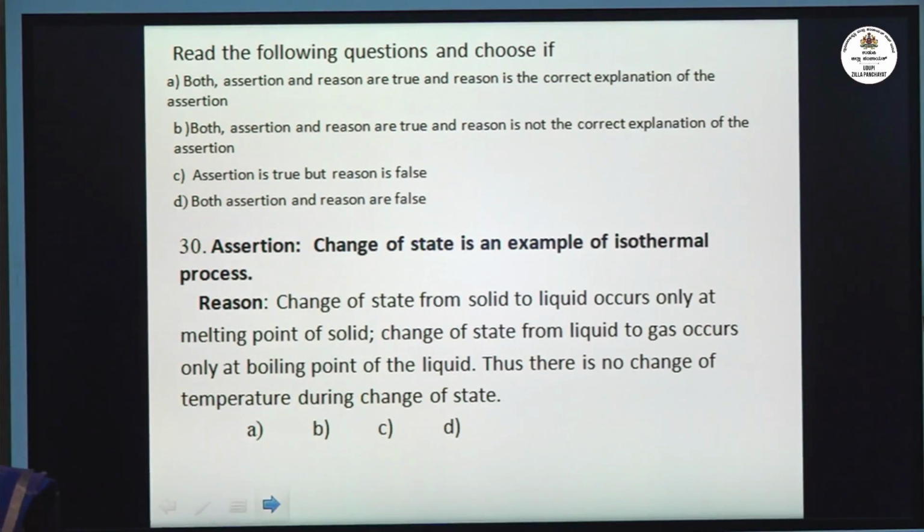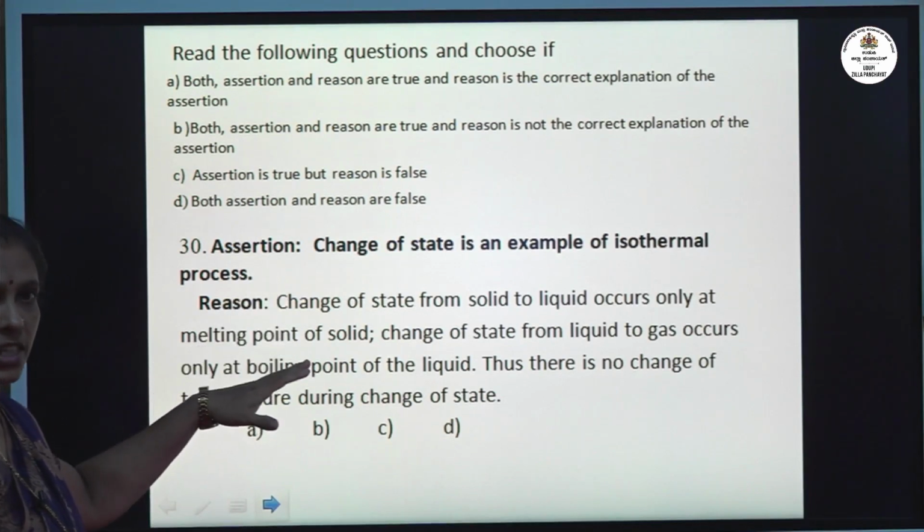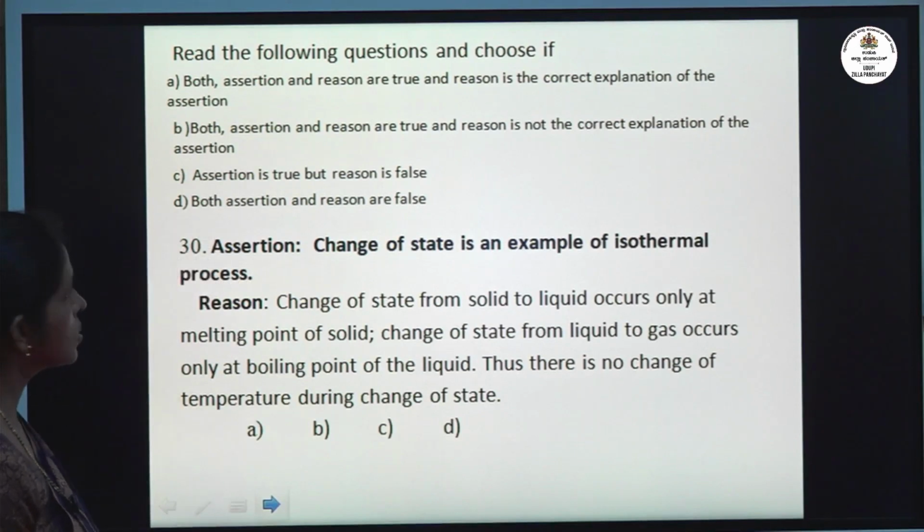What is an isothermal process? Changes in pressure and volume taking place at constant temperature is called isothermal process. During isothermal process, temperature remains constant, pressure and volume change. Therefore, assertion is true.